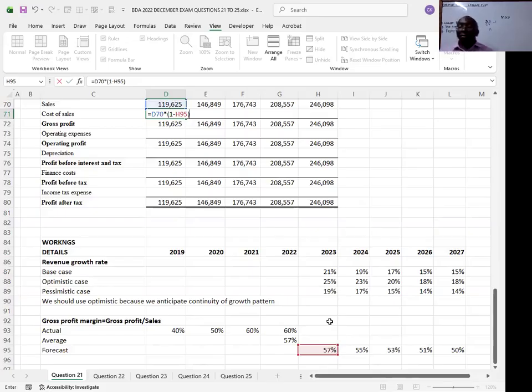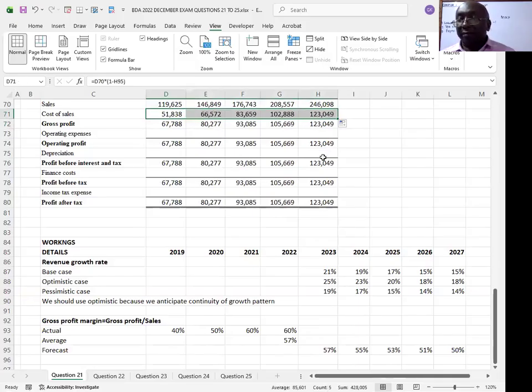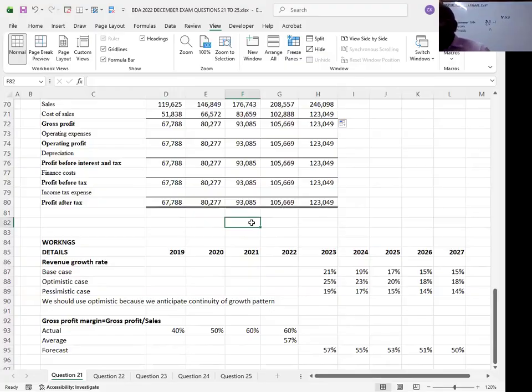Kisha unatuma yako. Let me not get just 2 or 3. Let's send. So you can autofill this figure now. Autofill this one all the way up to there.